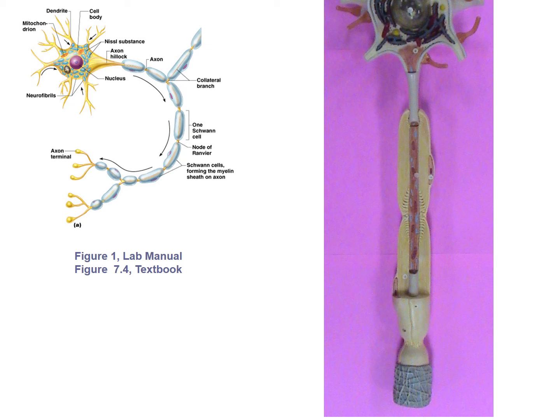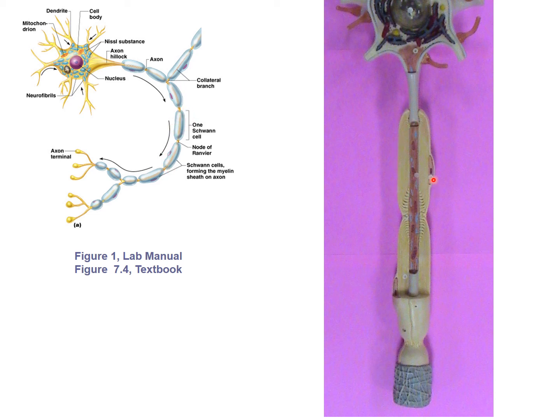Now let's focus on the axon. So again, here is our axon hillock, which begins our axon. So here is the axon extending here. It's been dissected so you could see the internal components, but this is the axon here. That axon is surrounded by Schwann cells. Here's a Schwann cell here.